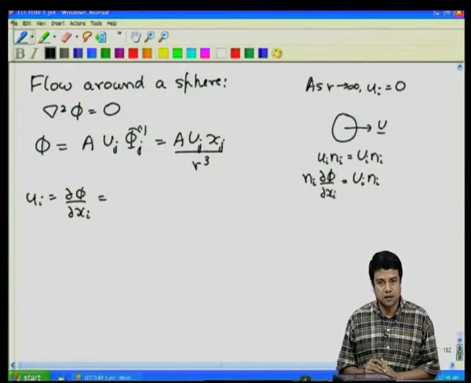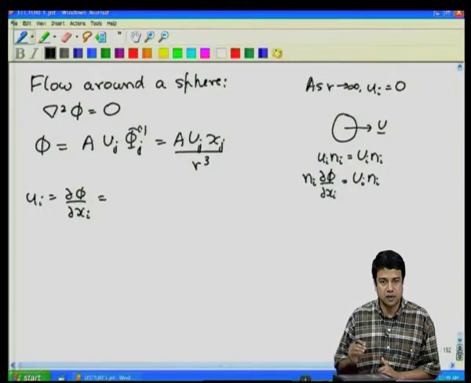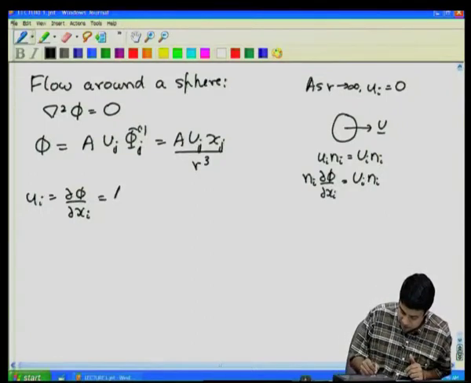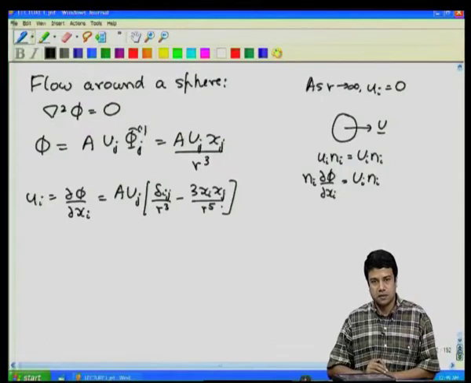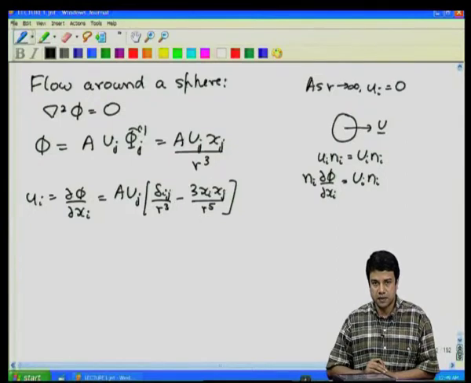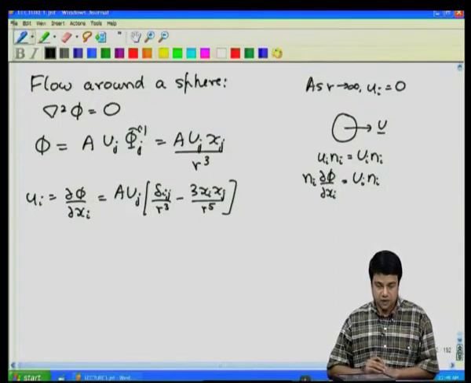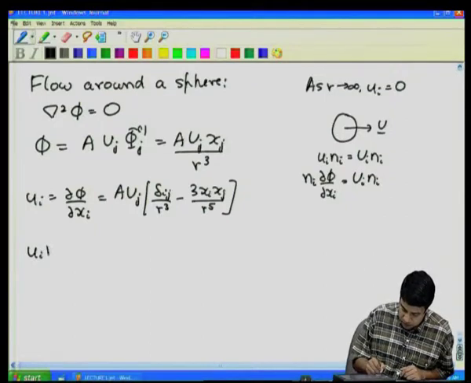So, we know how to take the gradients of this fundamental solution and the higher harmonics. So, that is the solution for the velocity, where a is the undetermined constant. The boundary condition states that u_i n_i is equal to capital U_i times n_i.